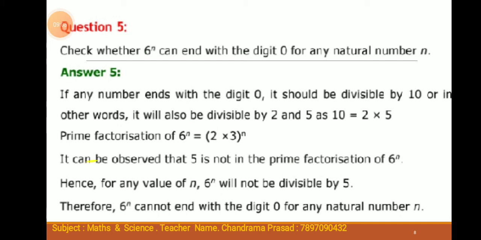Therefore, the prime factorization of 6 power n equals 2 power n into 3 power n. Since 5 is not in the prime factorization of 6 power n, for any value of n, 6 power n will not be divisible by 5. Therefore, 6 power n cannot end with the digit 0 for any natural number n. This is the answer.